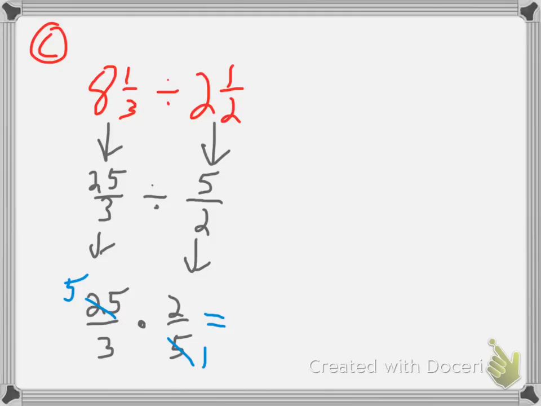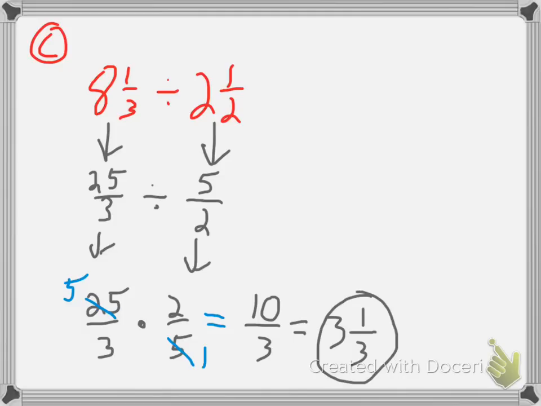So for my numerator, 5 times 2 is 10. For my denominator, 3 times 1 is 3, so I'm left with 10 over 3, which I want to now put as a mixed number. 3 goes into 10 3 times. 3 times 3 is 9, so 10 minus 9 is 1 left over 3. 3 1/3 is our answer here.